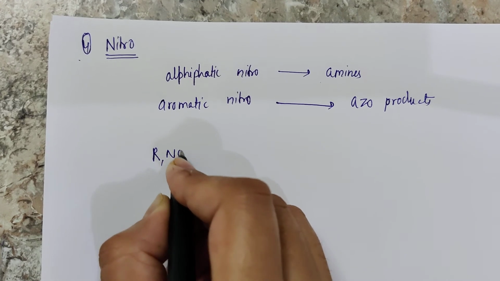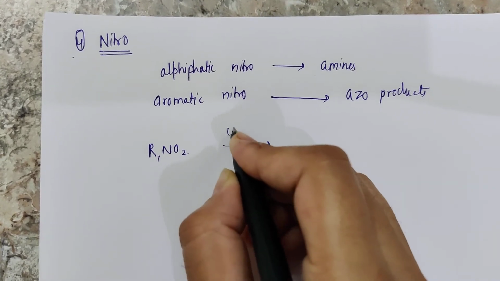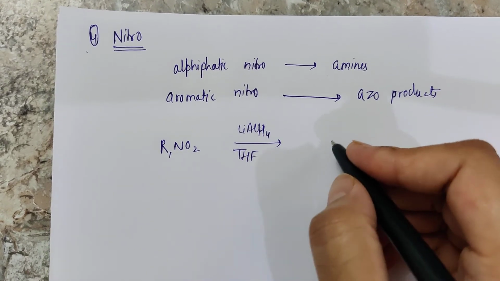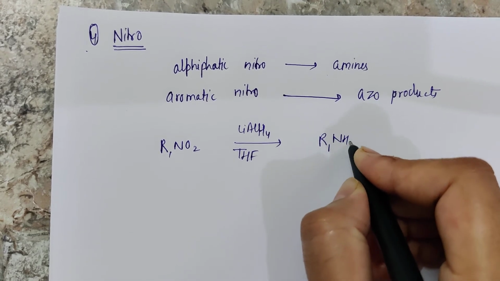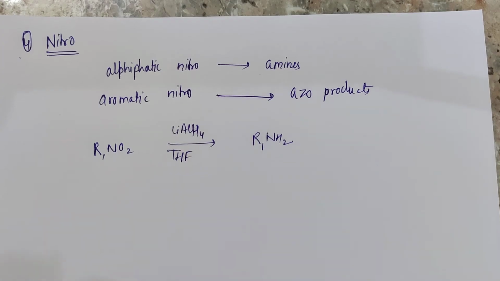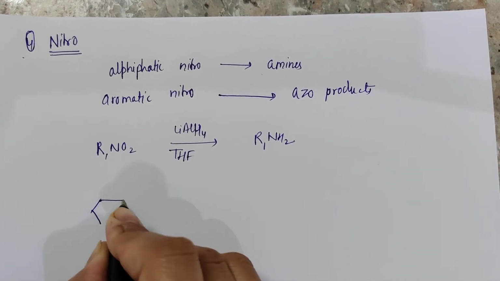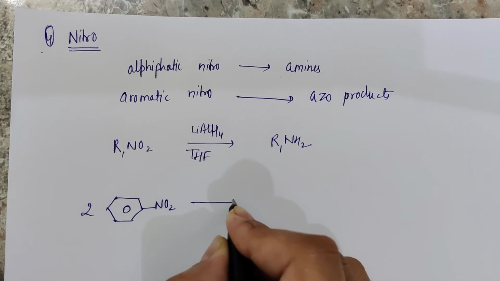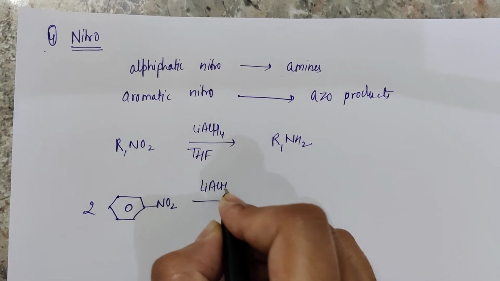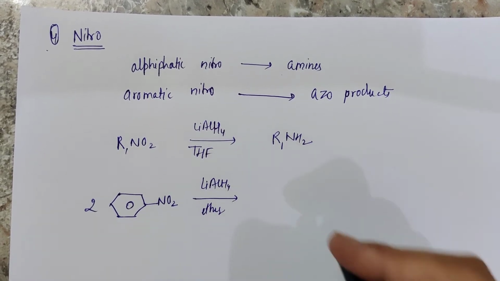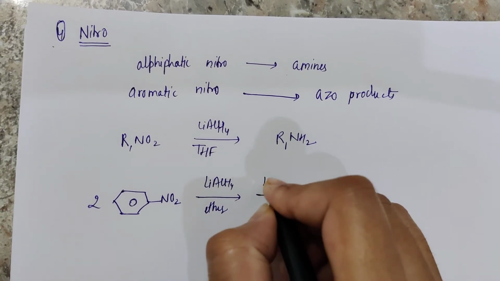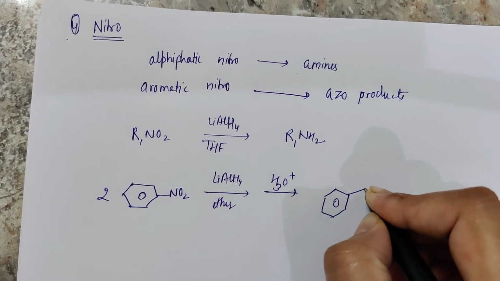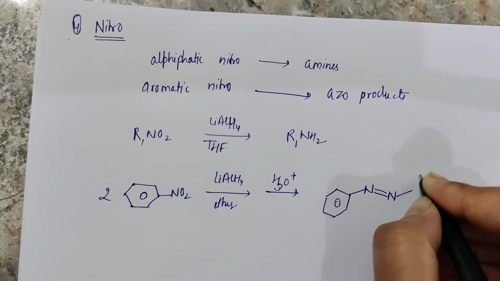Let's say R1NO2 on reduction with lithium aluminium hydride in the presence of THF gives us R1NH2. While if you have nitrobenzene, first treating with lithium aluminium hydride in ether, and secondly treating with aqueous acid, azobenzene is obtained as a product.